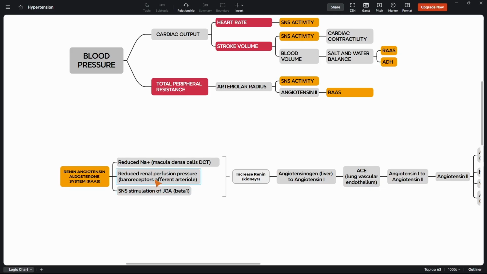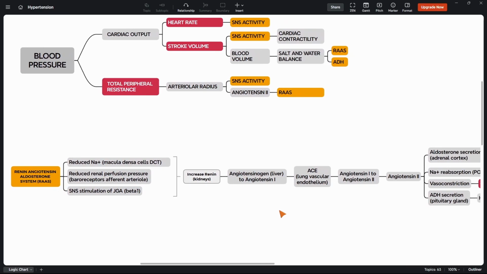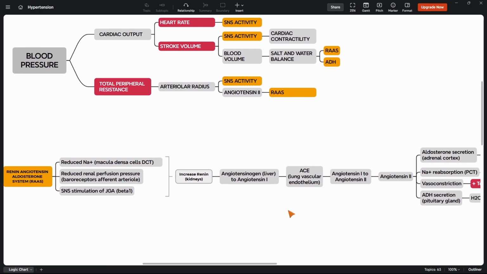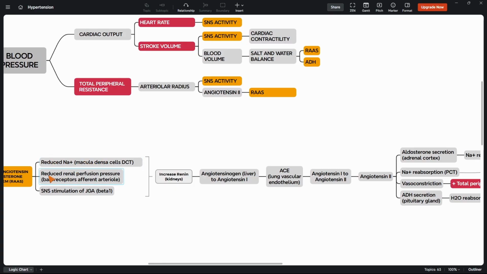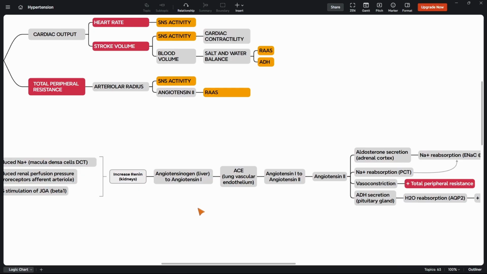All three of these stimuli, reduced sodium, reduced kidney perfusion pressure, and SNS stimulation, you can imagine, all occur in states of low blood pressure and low blood volume, and therefore the renin angiotensin aldosterone system aims to increase blood pressure and blood volume. So reduced sodium, reduced renal perfusion pressure, and stimulation of the juxtaglomerular apparatus by the sympathetic nervous system leads to a production of renin by the kidneys.